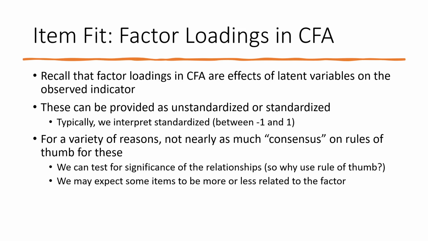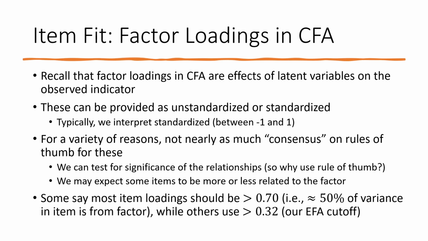And because of that, it might be really important to keep that item on that factor, even though it has a relatively lower loading. So in that particular case, again, we might expect some items to be less related to the factor, and that makes it hard to have a cutoff or a rule of thumb when there are such variable expectations on what that should look like in the first place.